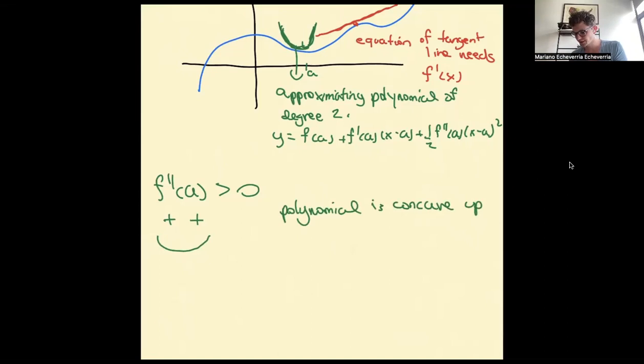But if the second derivative is negative, if this coefficient is negative, then again you make a face and the eyes are the sign of the second derivative. So now the face is sad, and the polynomial is sad, or concave down.